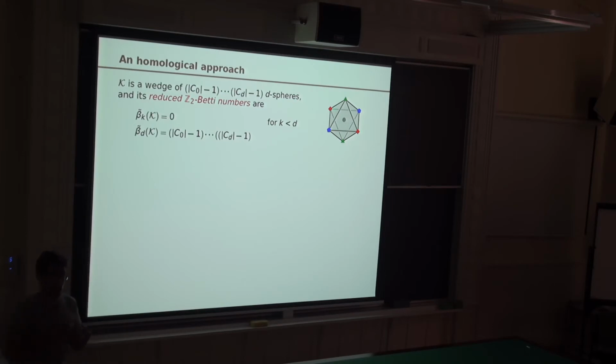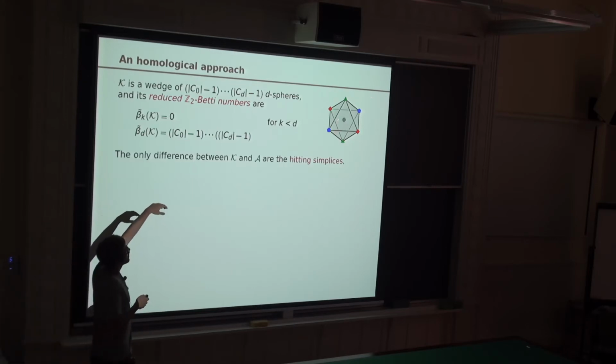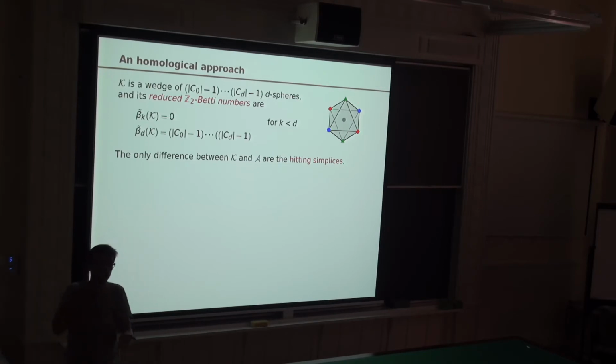This is just because this was a join of these point sets. But this was the complete thing, and then I have only my avoiding complex, where I have to remove those simplices that were hitting the origin.